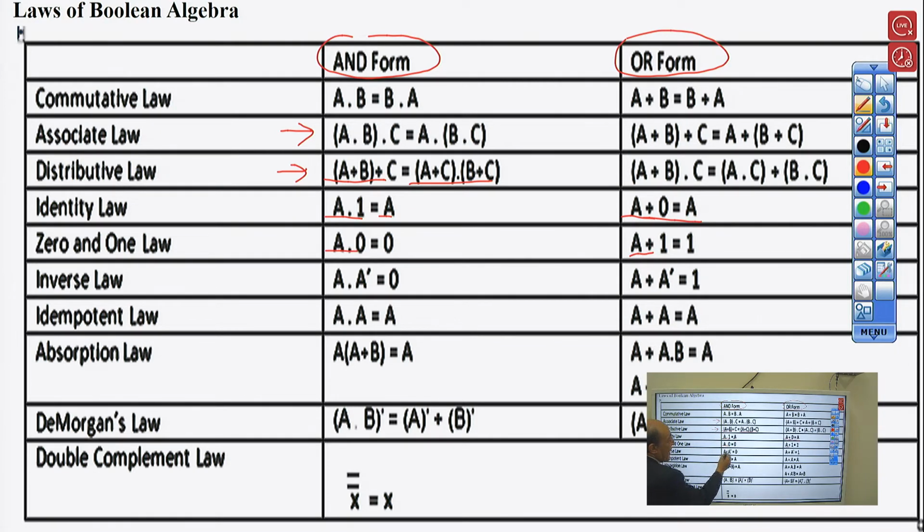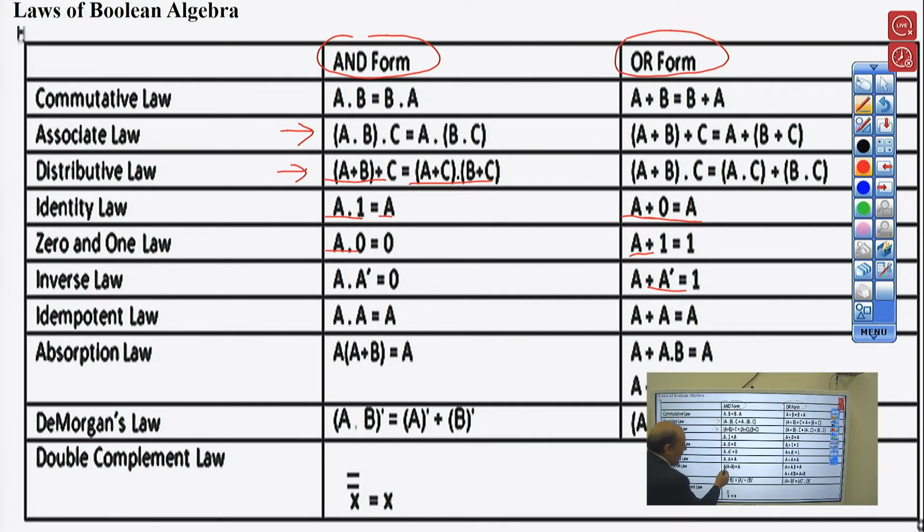Inverse law: A and not A always equals 0, and A or not A always equals 1. Idempotent law: A and A equals A, A or A equals A.